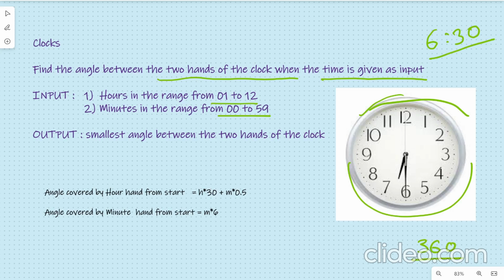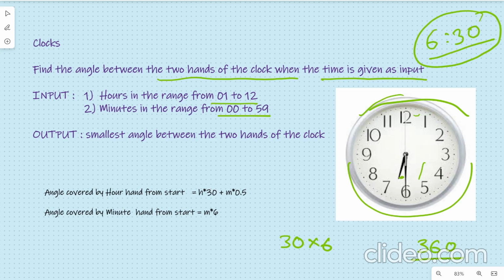If I calculate the time from 12 to 6 for our hour hand, the time given to us is 6:30. So the hour hand has traveled from 12 to 6, from here to here, and this is 30 degrees into 6. And it has moved a little bit more, so I need to find this also.